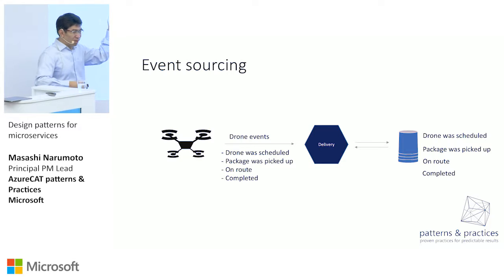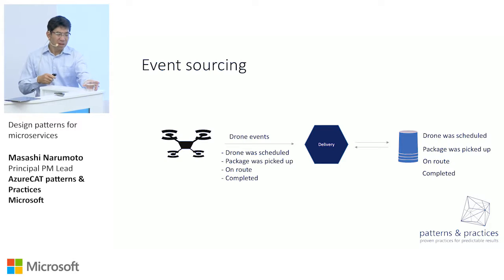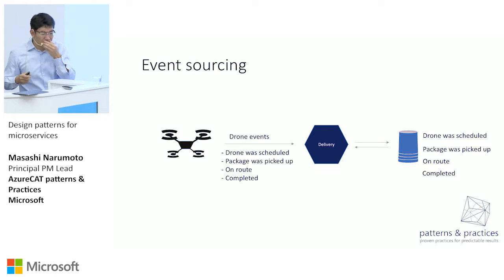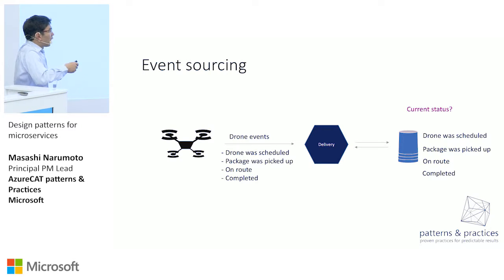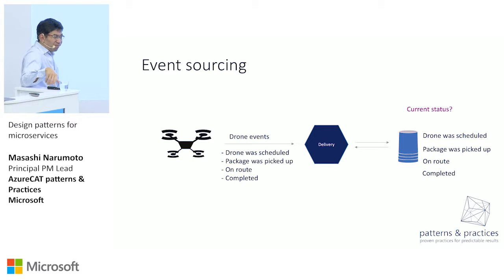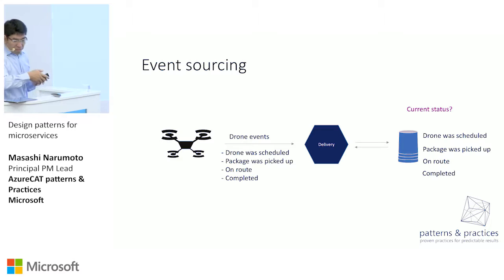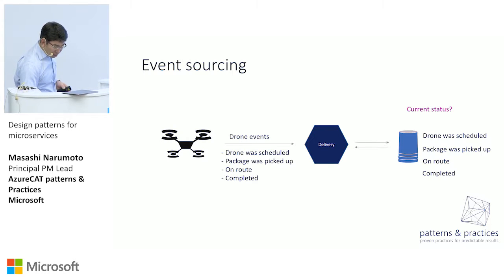But the, sorry, the issue of this approach is now we lost the idea of current state. Which is the latest one? You need to replay all the events to see the latest.